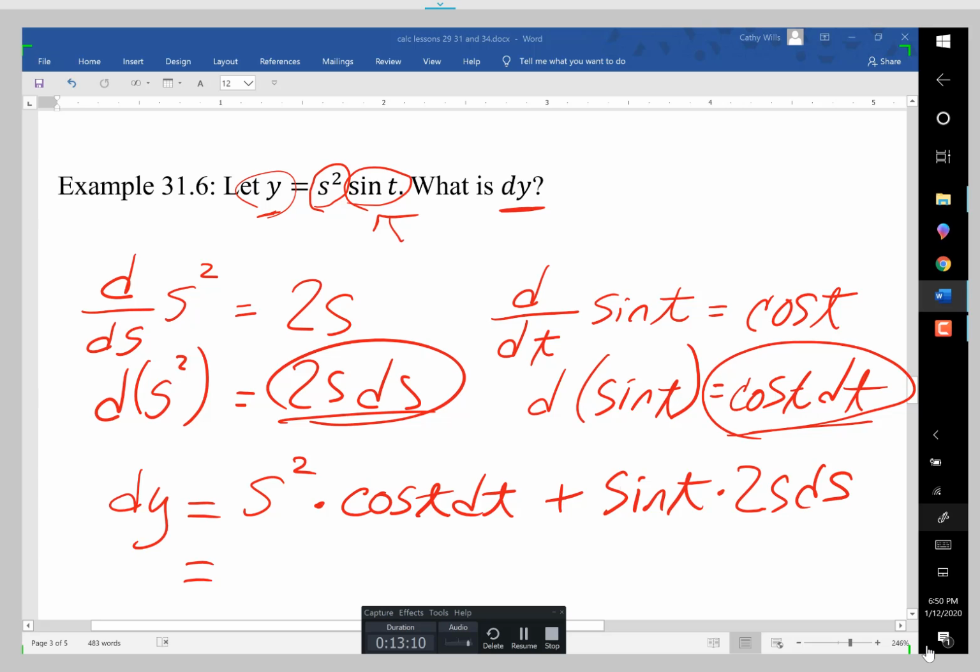So dy is equal to s squared cosine t dt plus sine t, 2s ds.